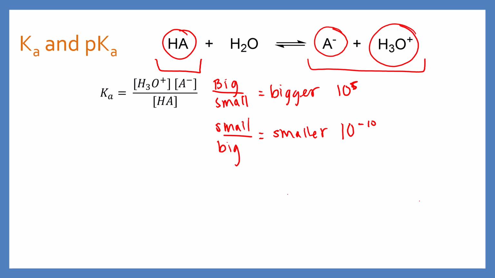The negative log just spits back out the exponent with a negative sign in front. So a strong acid with a very large Ka would give you a pKa of -5, a very small number. And a weak acid with something like -10 or -20 in the exponent is going to give you 10 or 20 or 30 or 40, whatever it may be. So this is where these values actually come from.